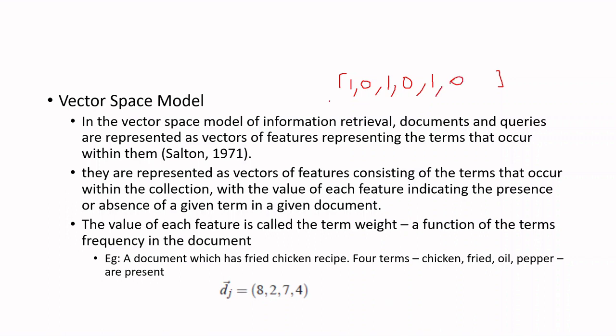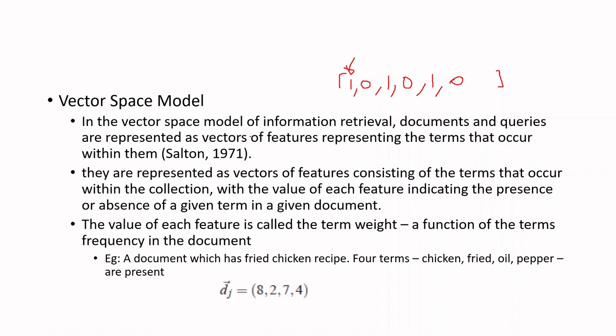So we are assuming there is some set of words which are accepted by a model, and then we can represent it either like this, that is whether a word is present or not, or each of these features can represent the frequency of occurrence of the words. Basically, our document as well as our query is represented as a vector like this.